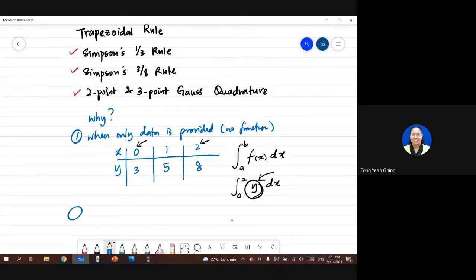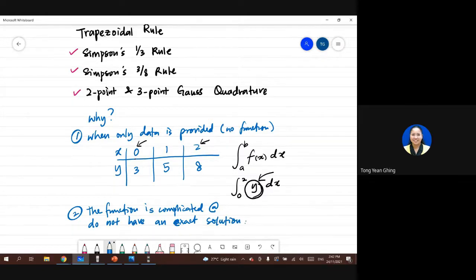And the second one, when the function is too complicated, or it does not have an exact solution.